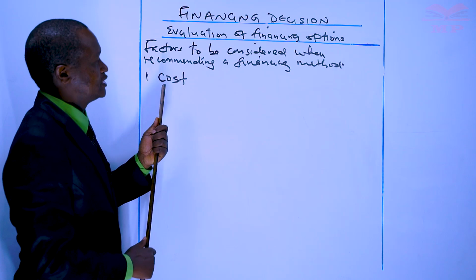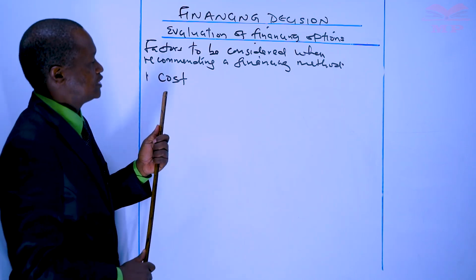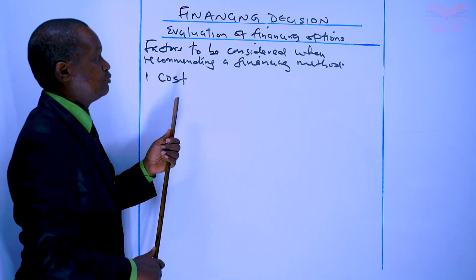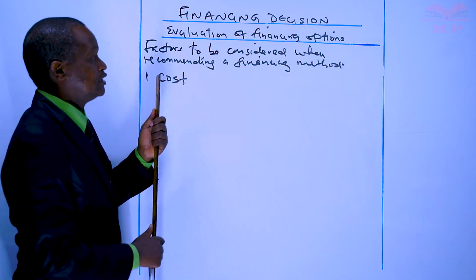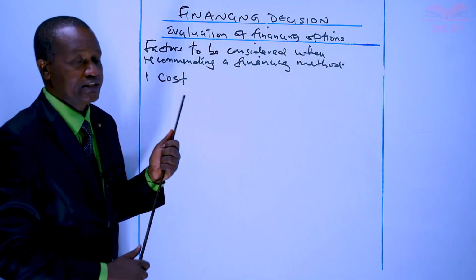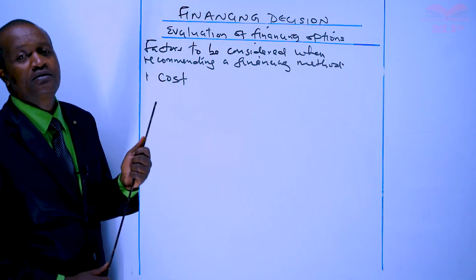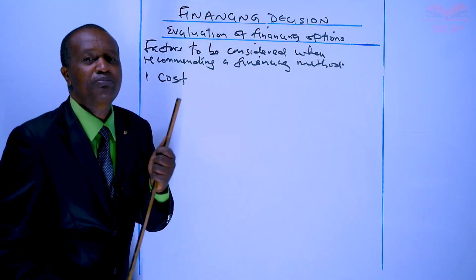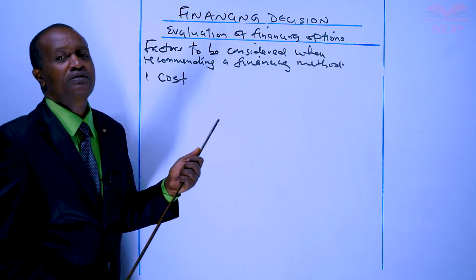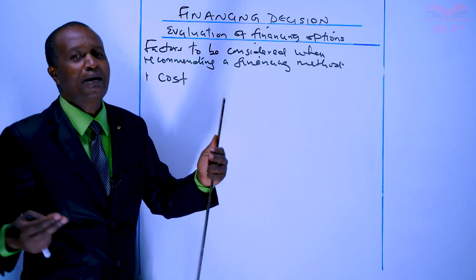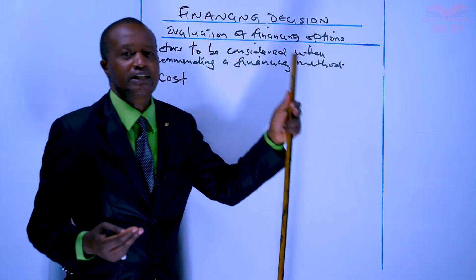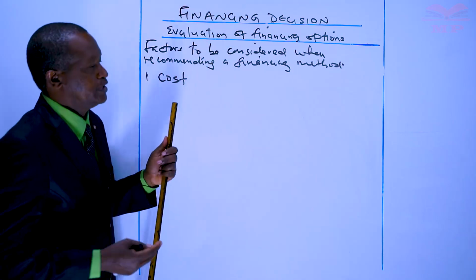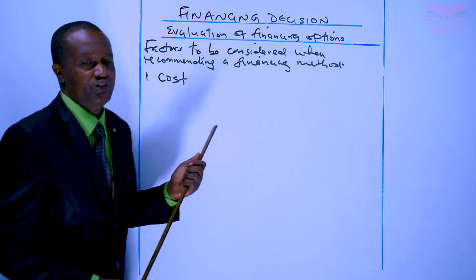And the cost that is favorable, the cost that is affordable, should be the one that the finance manager should consider. We all know generally that debt finance is cheaper than equity finance. And so if the company has the capacity to take more debt, then that could be a cost advantage.